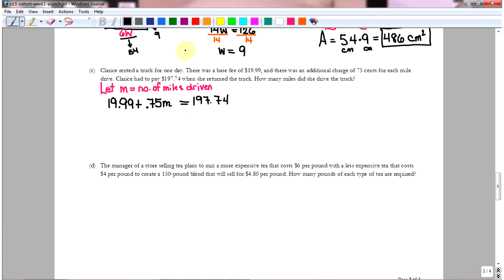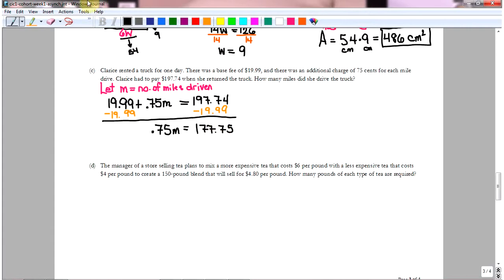Okay, so now we have our equation. So we need to subtract 19.99 from both sides. And we're left with 0.75m on the left. On the right side, when you do that difference, you end up with 177.75.